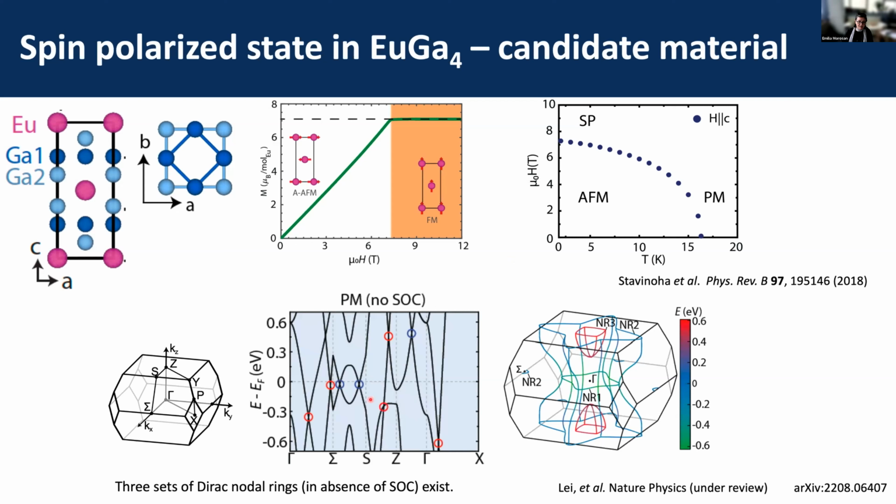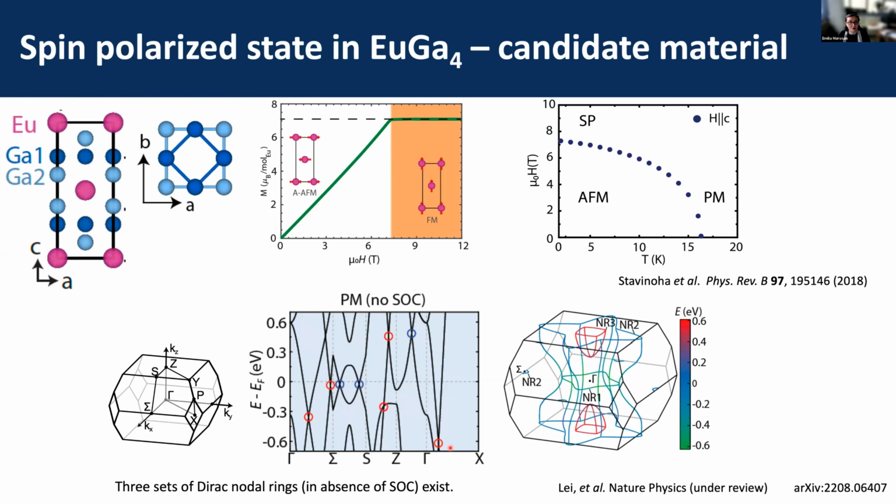In which case, there are two types of spin Dirac nodal rings, or two types of Dirac points. Three of them, the ones shown in blue, occur in the absence of spin-orbit coupling. The difference between the blue and the red ones is the occurrence on or off the mirror invariant planes.